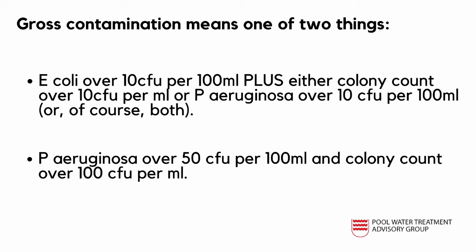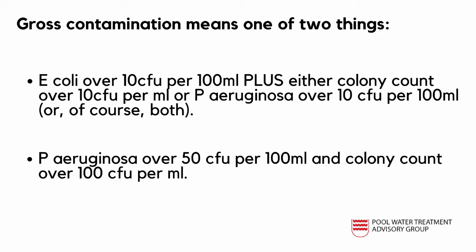What it says is that you've got gross microbiological contamination levels if you've got either of these two things. The first one is greater than 10 E. coli per 100 ml in combination with an unsatisfactory colony count, which is above 10 per ml, and/or an unsatisfactory Pseudomonas aeruginosa count of greater than 10 per ml.